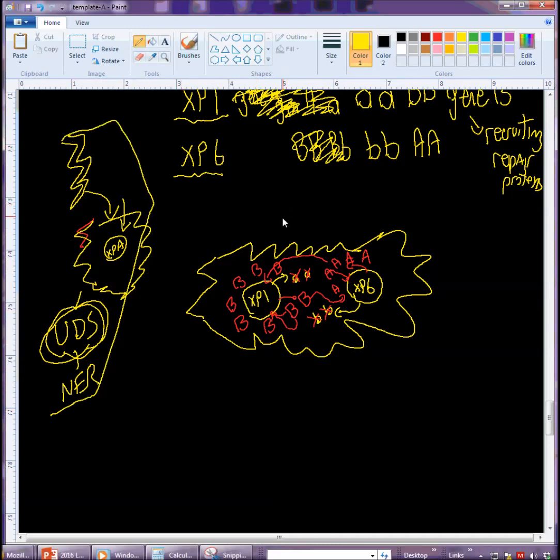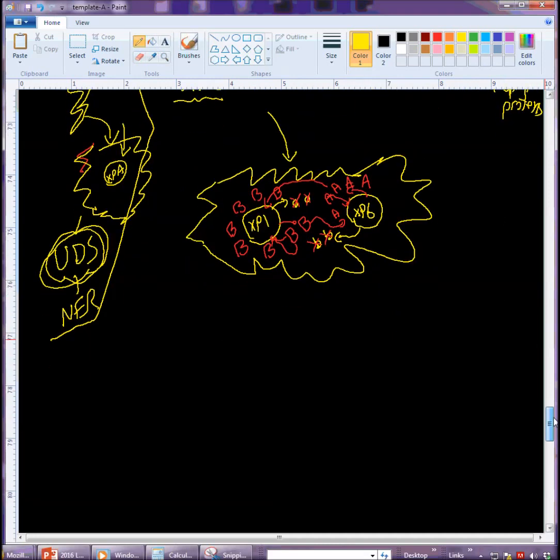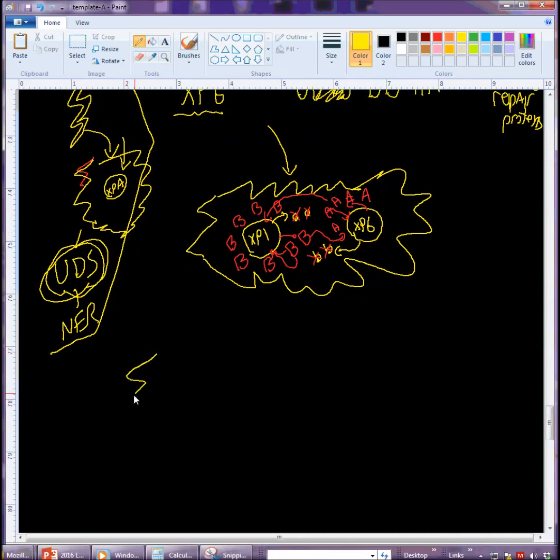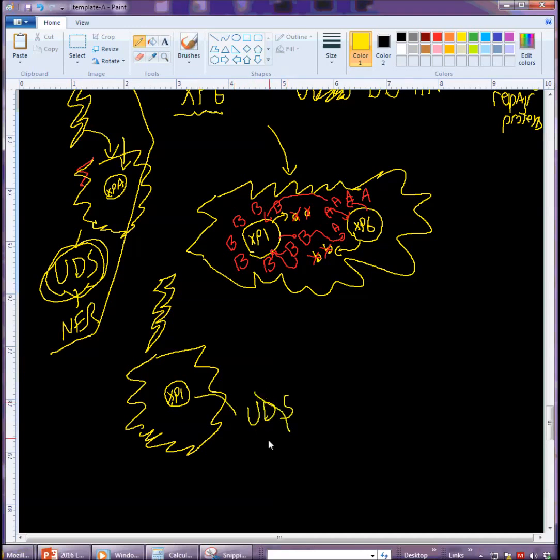So, however, let's go back to this case right here. When we put XP1 with XP6 here, well, I can step back for a second. XP1 by itself, an XP1 cell by itself, if you expose it to UV light, you will not detect UDS.